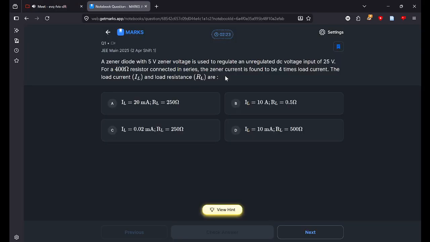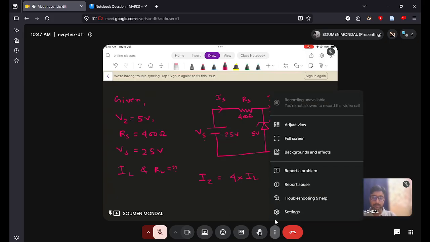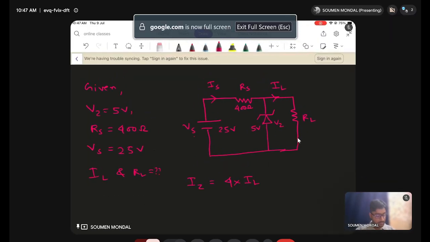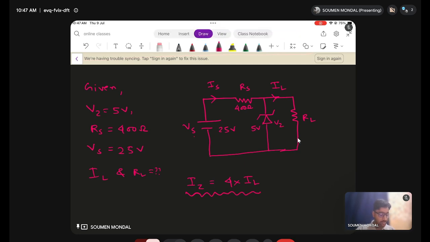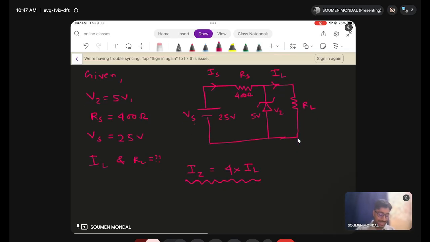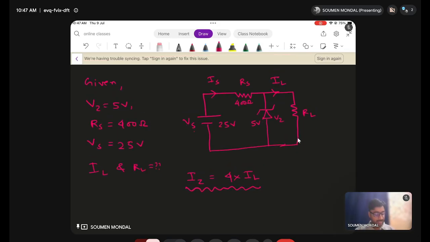The Zener current is found to be 4 times the load current. So Iz is basically 4 times IL. They have given Iz equal to 4 times the load current, so obviously the Zener breakdown occurs.